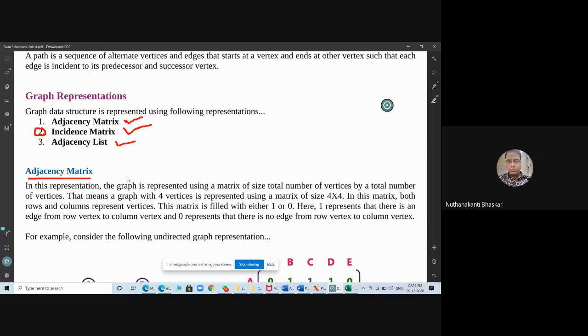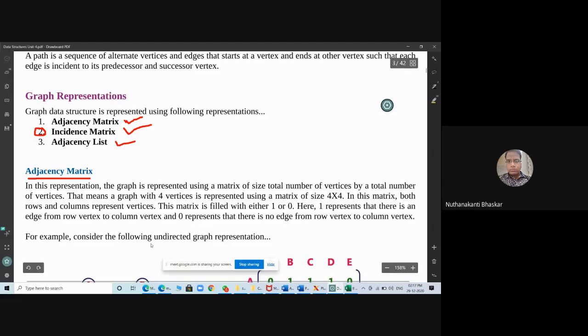How to represent a matrix? Number of rows and columns, rows by columns. That is the representation of your matrix. So now these adjacency values we are going to represent in the form of a matrix. That is called the adjacency matrix. Very simple.